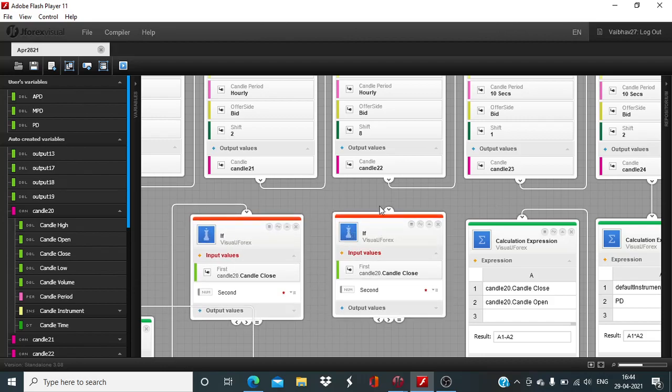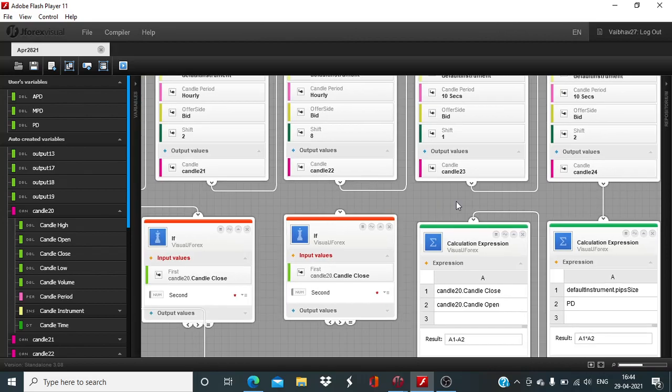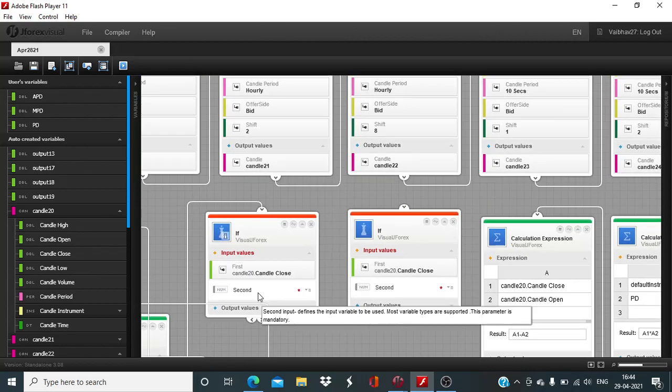Now we have to take candle 23 and candle 24 closing value as the second input respectively in both these blocks.